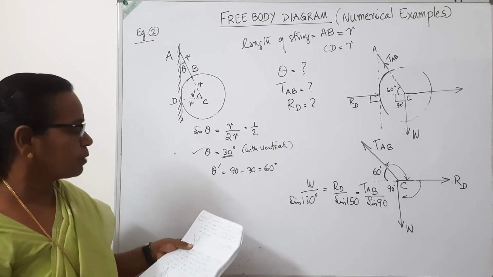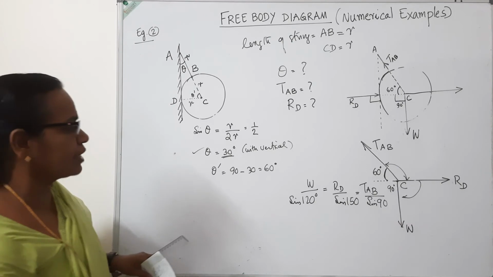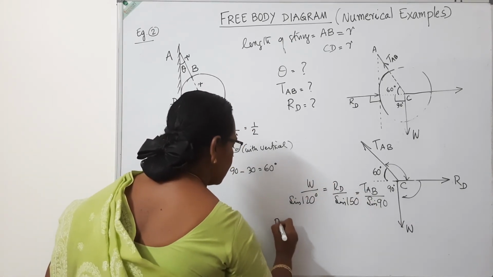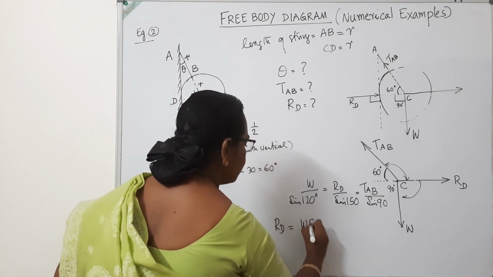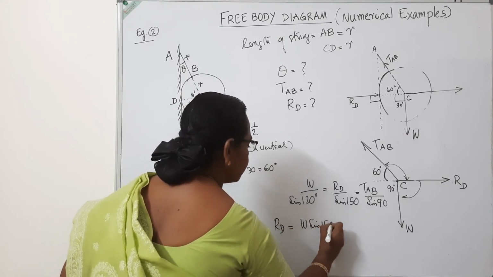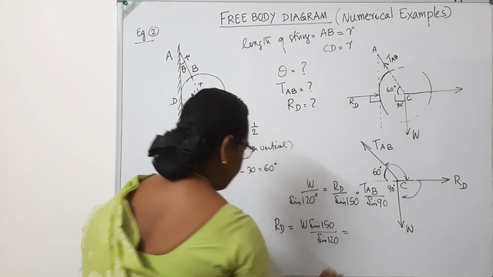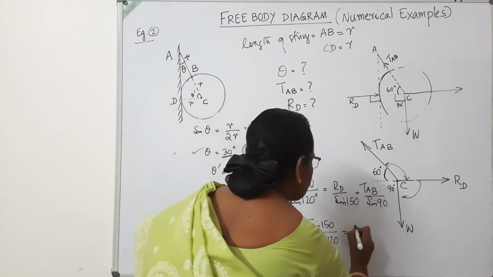W by sine 120, RD by sine 150, TAB by sine 90. So we can first of all get RD. The reaction at the contact surface RD is equal to W sine 150 divided by sine 120, which will give you 1.577 W.